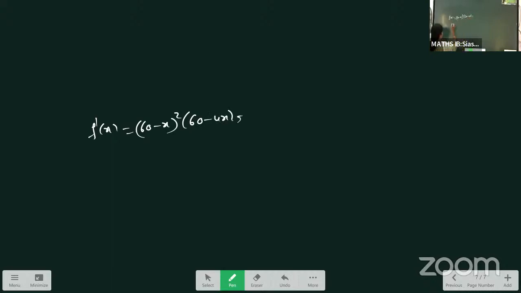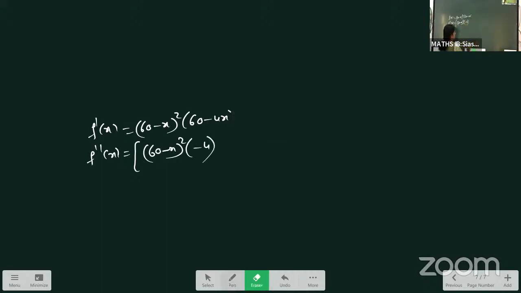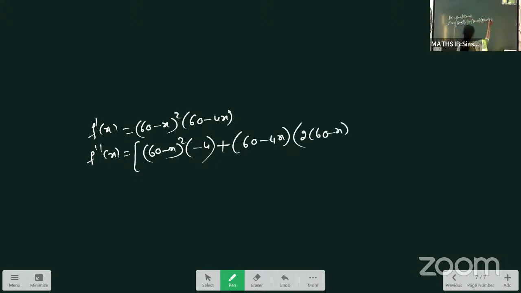Okay. Now find out f double dash of x. Again apply the UV rule. (60 minus x) whole square, derivative of 60 minus 4x is minus 4. Then plus (60 minus 4x) as it is, derivative of the square: 2 into (60 minus x) into derivative of minus x, which is minus 1.